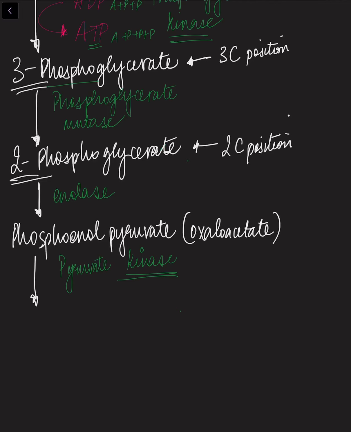And phosphorylation is basically transfer of a phosphate group from a substrate to the intermediate, or substrate to the enzyme, or substrate to the product. In this one, this is the last step, and it's an energy yielding step, because an ADP is converted to ATP, and hence the kinase class of enzyme is justified. And so from phosphoenol pyruvate you get pyruvate.